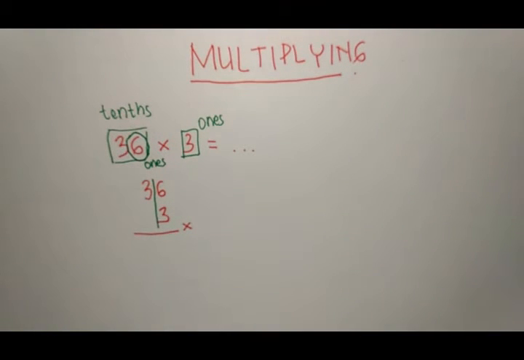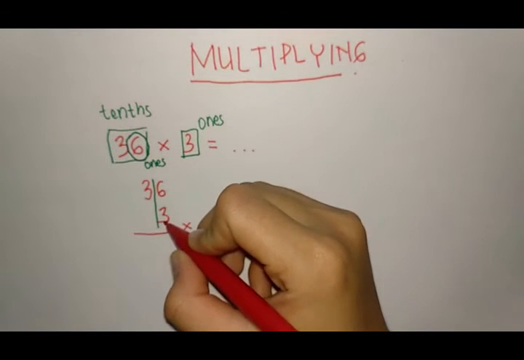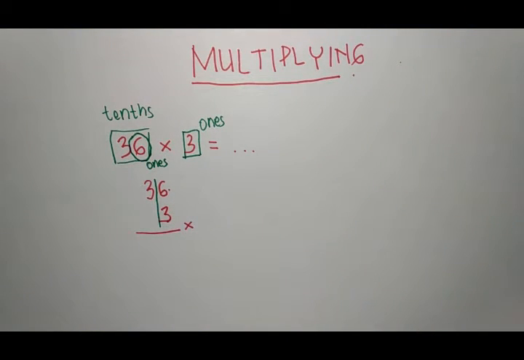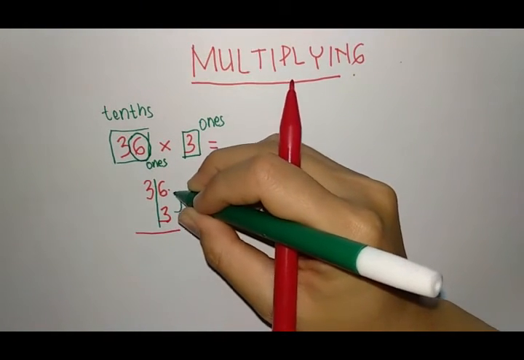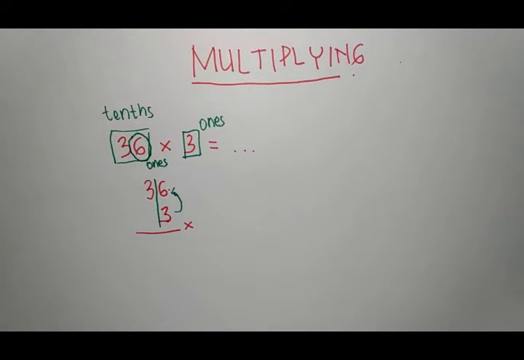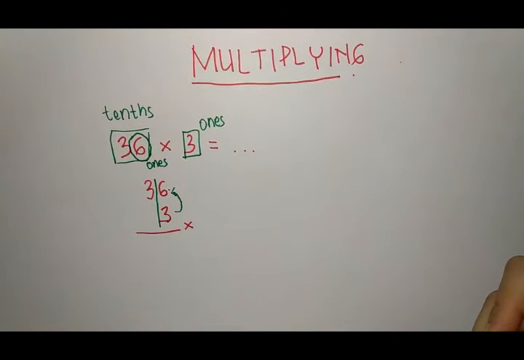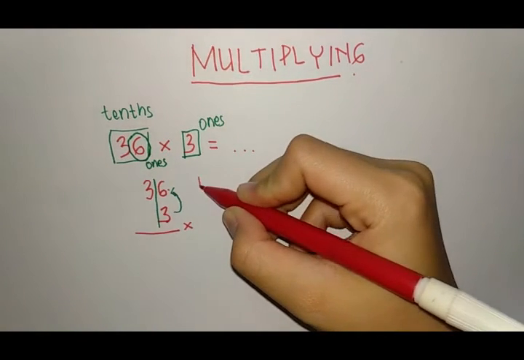After this, first step, we have to multiply 3 by 6. We always start from the ones. Okay, 3 times 6 equals 18, right?